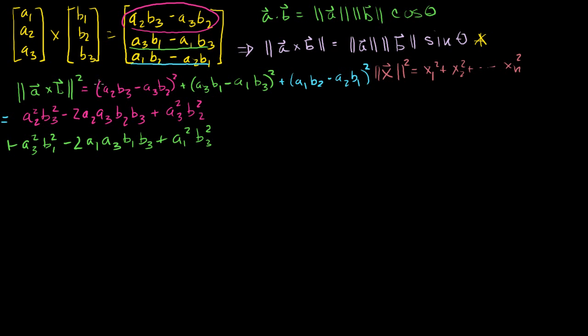And then finally, this term squared. So plus a1 squared b2 squared minus 2 times a1 a2 b1 b2 plus a2 squared b1 squared.